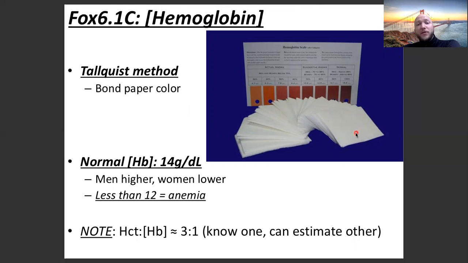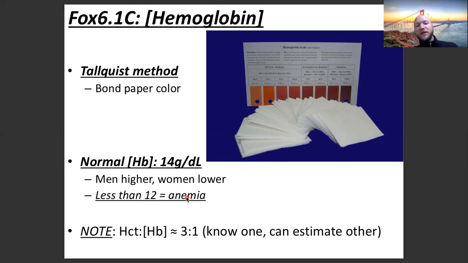That drop of blood will change colors, and we compare that color change to this sliding scale right here, this known color hemoglobin concentration chart. It'll tell us about how much hemoglobin we have in our blood. Hemoglobin concentration is about 14 grams per deciliter, typically slightly higher in men than in women. Less than 12 is considered anemia.